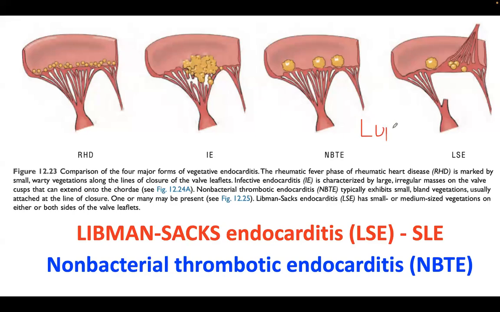So for example, if diabetic nephropathy has the Kimmelstiel-Wilson lesions, what lesions do we see in SLE, particularly the kidney? We see the wire loop appearance. So please take note of that, wire loop appearance.